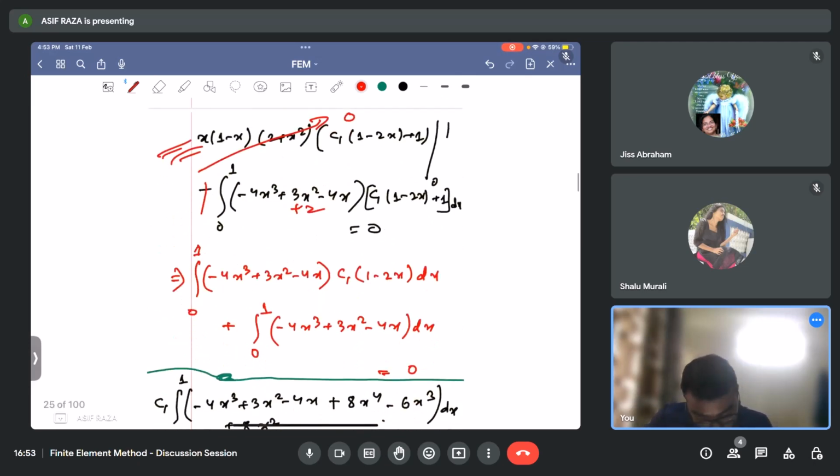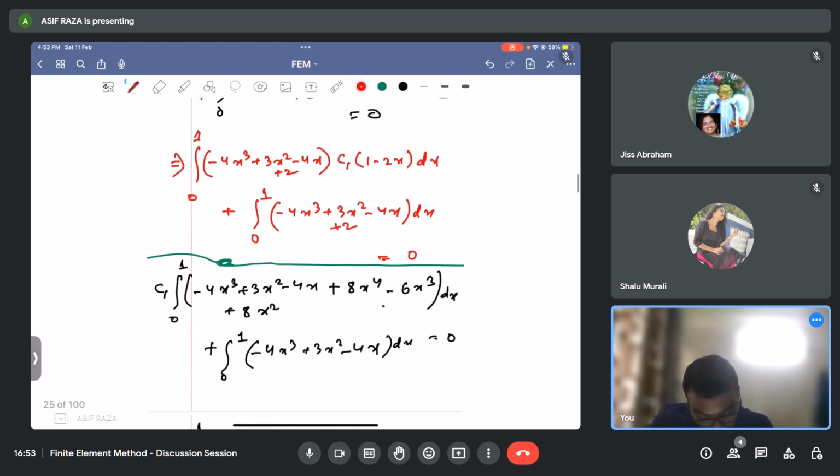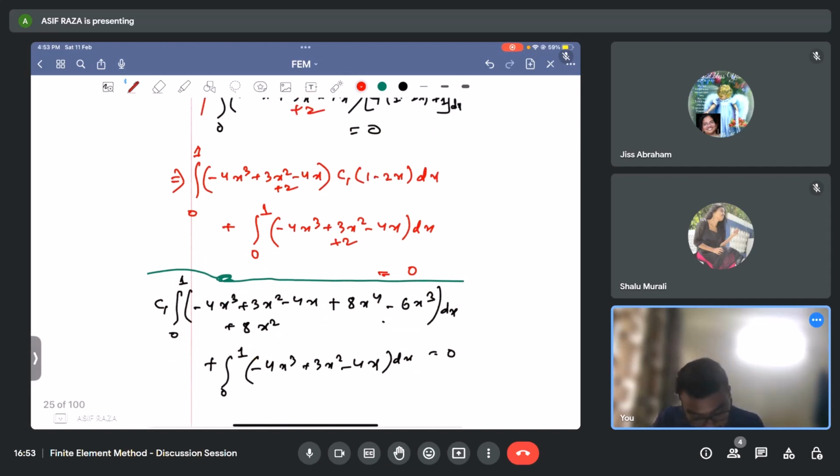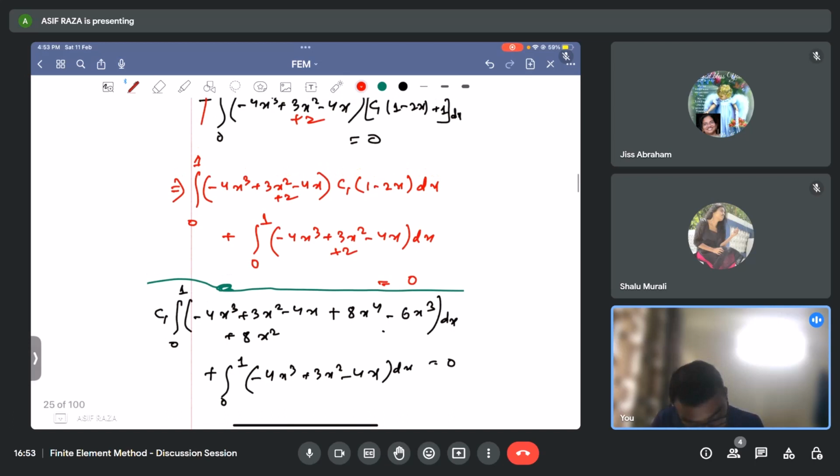So I'll have to just add it here, plus 2. I suppose you're getting what I am doing, where I made a mistake. So just correcting everywhere, plus 2. So here it will be equal to minus 4x cube plus 3x square minus 4x.